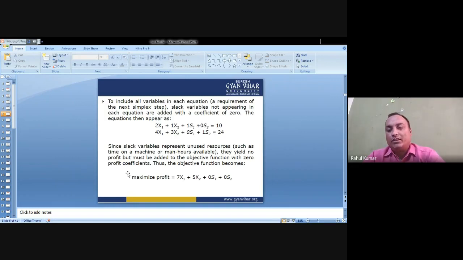Then the objective function will become z equal to 7x1 plus 5x2 plus 0s1 plus 0s2. These are the two slack variables, which means slack variables depend on the number of constraints given by the company, right?